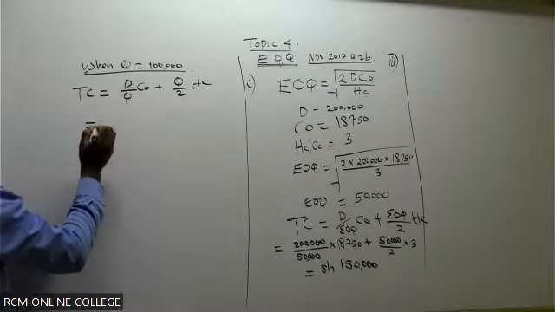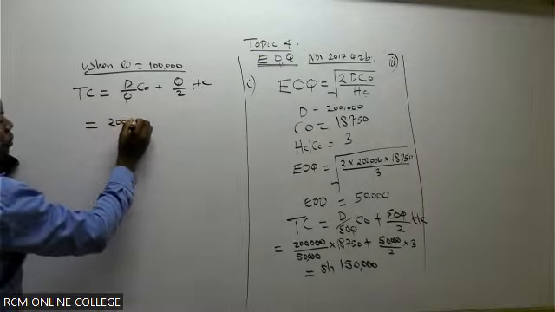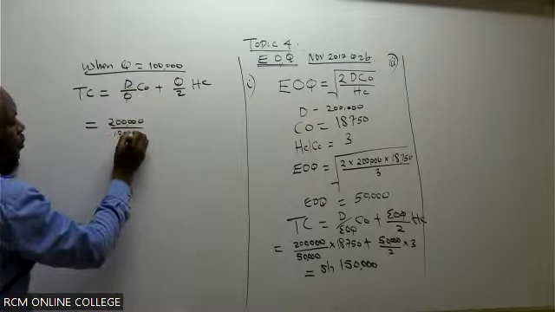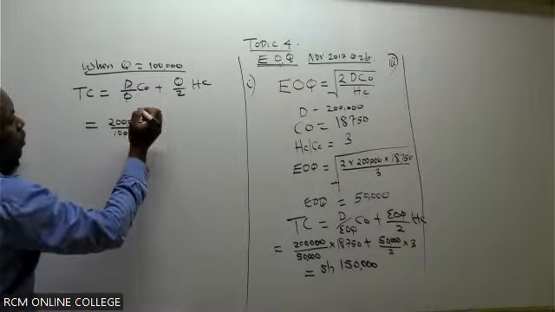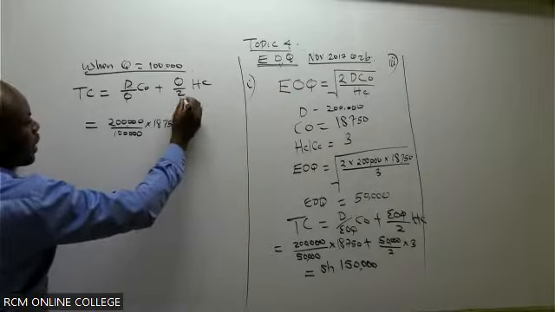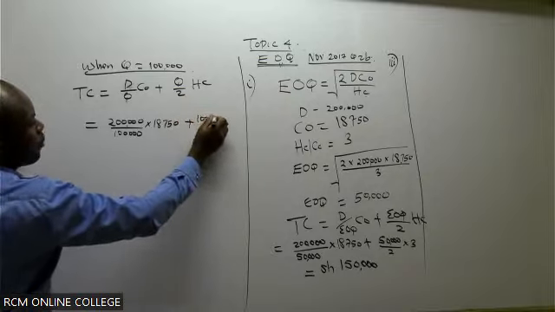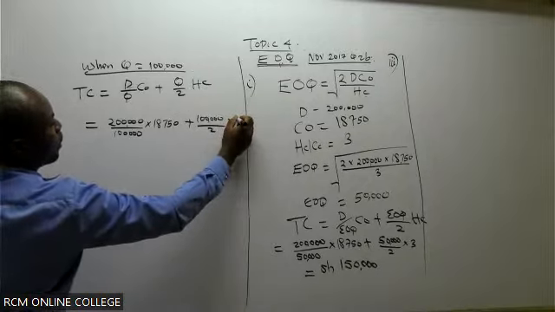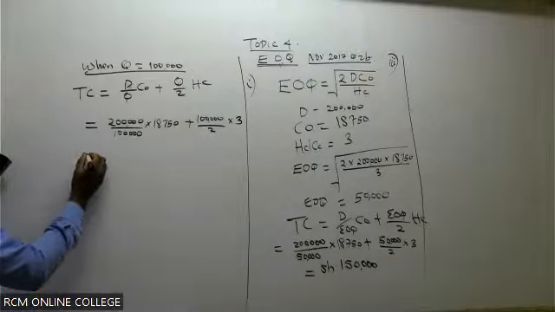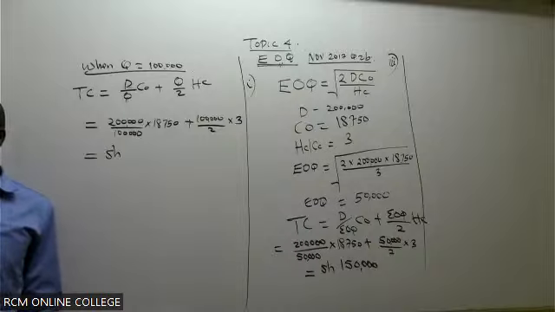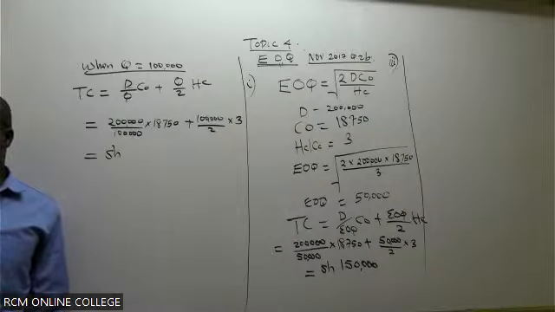I take demand, which is 200,000, divide by quantity, which is now 100,000, multiply by ordering cost, which is 18,750. To that, I add quantity, 100,000, divide by 2, then multiply by holding or carrying cost, which is 3. If that is done, what are you getting as the total cost?